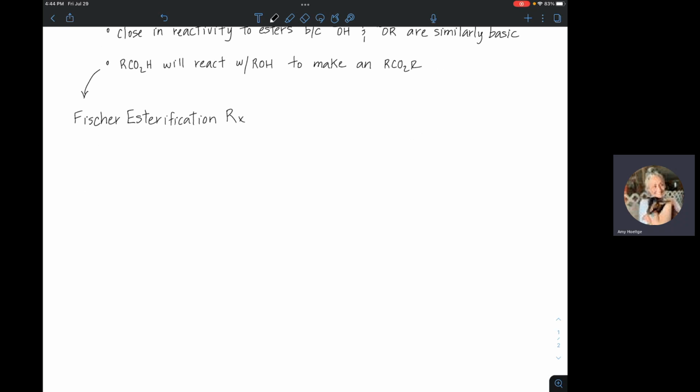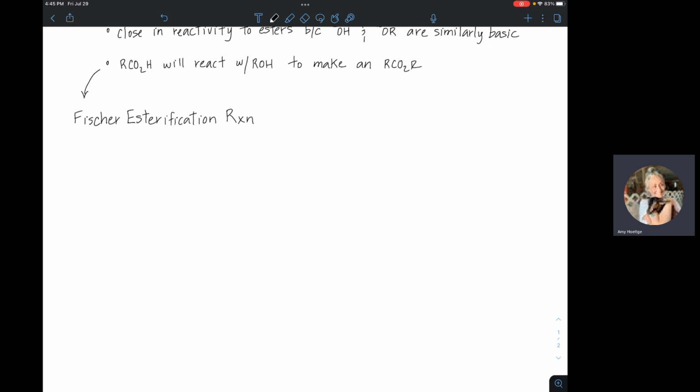It's acid catalyzed, usually done either at room temperature or under reflux. If you've done one of these in your lab, you've probably set this up to reflux, or if they kept it easy, making oil of wintergreen is a Fischer esterification reaction that can be done in a test tube at room temperature.